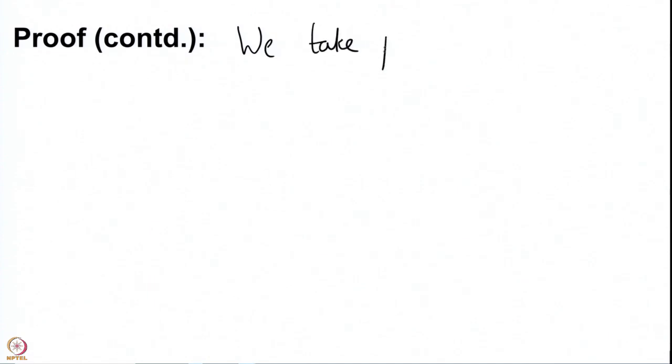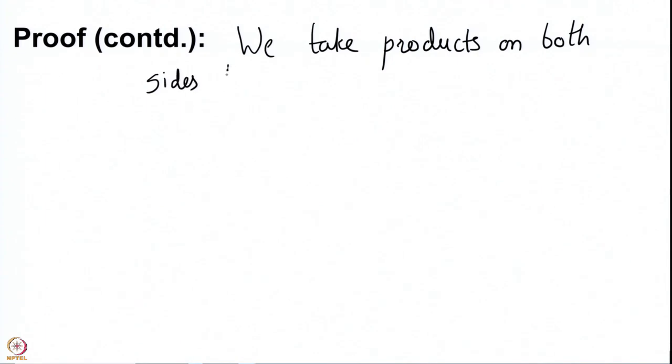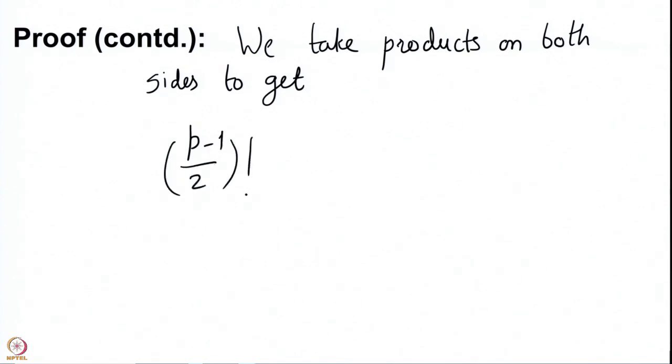We take products on both sides to get ((p minus 1)/2) factorial. This is going to be congruent to, on the right hand side, you remember that there were minus 1 to the power 1 plus 2 plus 3 plus dot dot dot up to (p minus 1)/2.